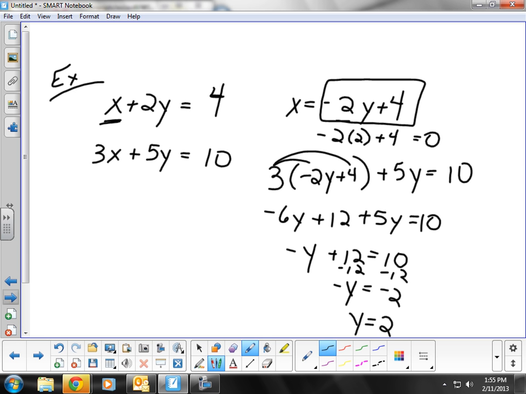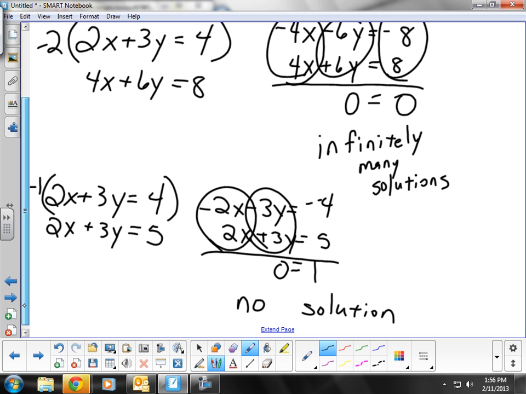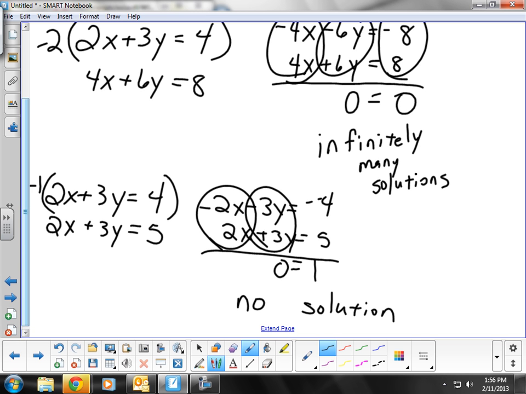0 is a possibility. It more often happens when I do the elimination method. But if it comes down and it says x is equal to 0, do not think that that means the same thing as when we got 0 equals 0 or 0 equals some other number. If 0 is equal to x, then it just means the coordinate of x is 0.